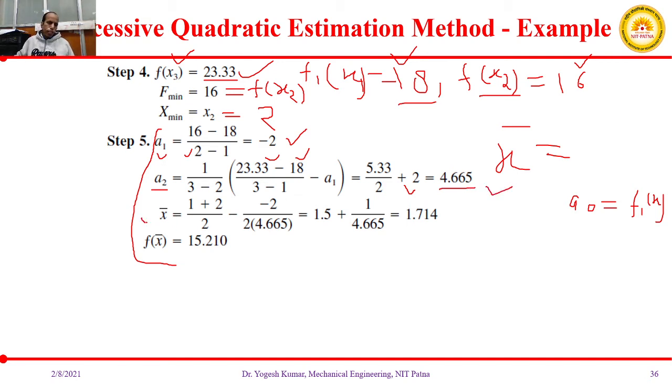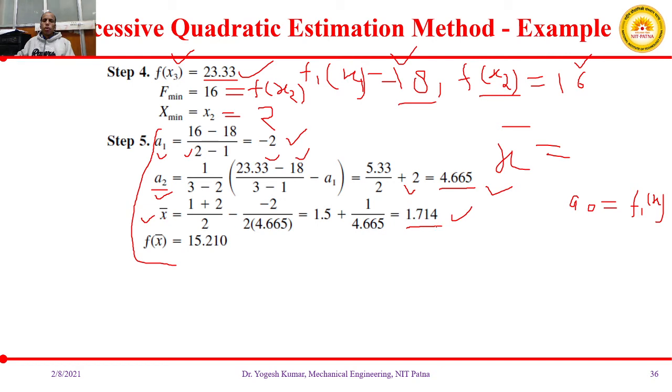Similarly, we can calculate the value of x bar. x bar is (x1 plus x2) upon 2 minus a1 upon 2a2. So this is coming 1.714. I hope you will be able to calculate all three values using the quadratic estimation method.